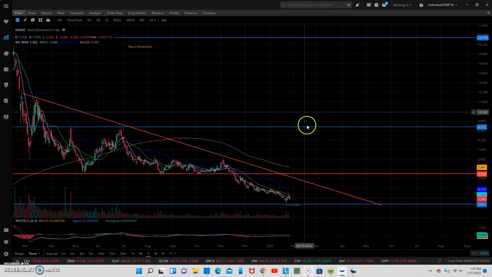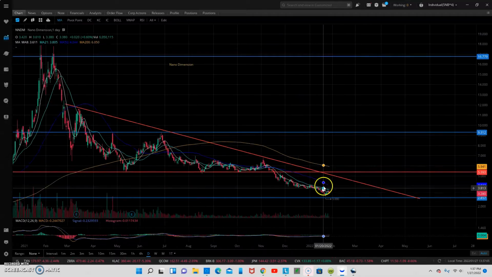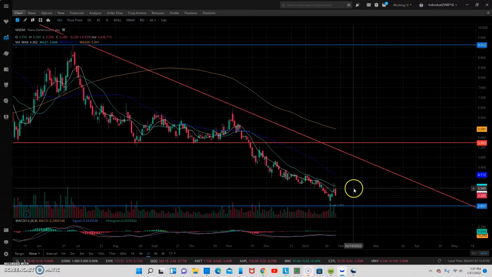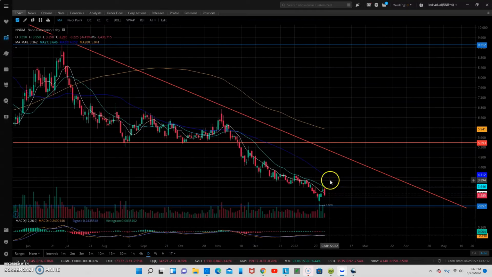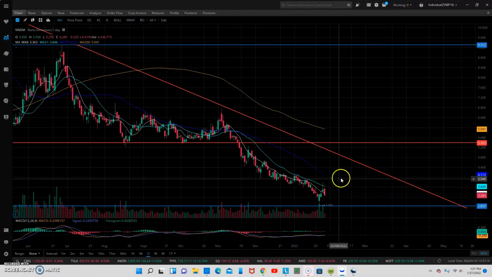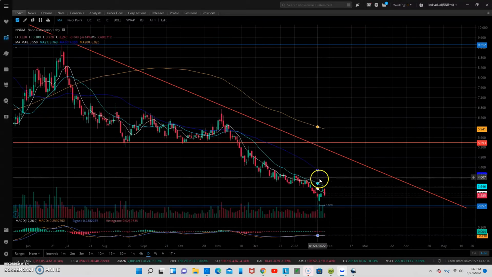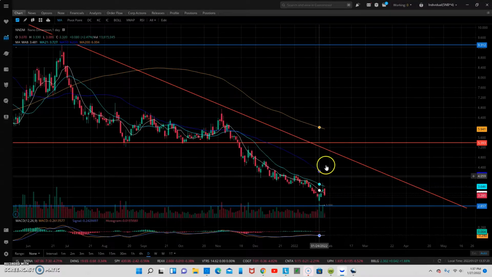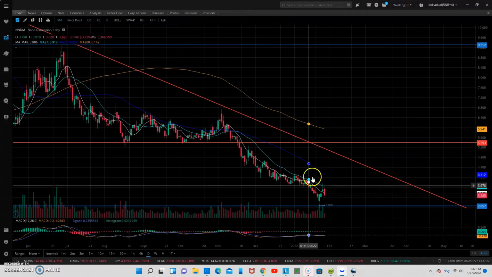I would be very careful of a false bottom here, looking at this $3. I would not trust that bottom just yet. I would wait for a confirmation first, and I would definitely want to see a break above these moving averages on the daily chart.